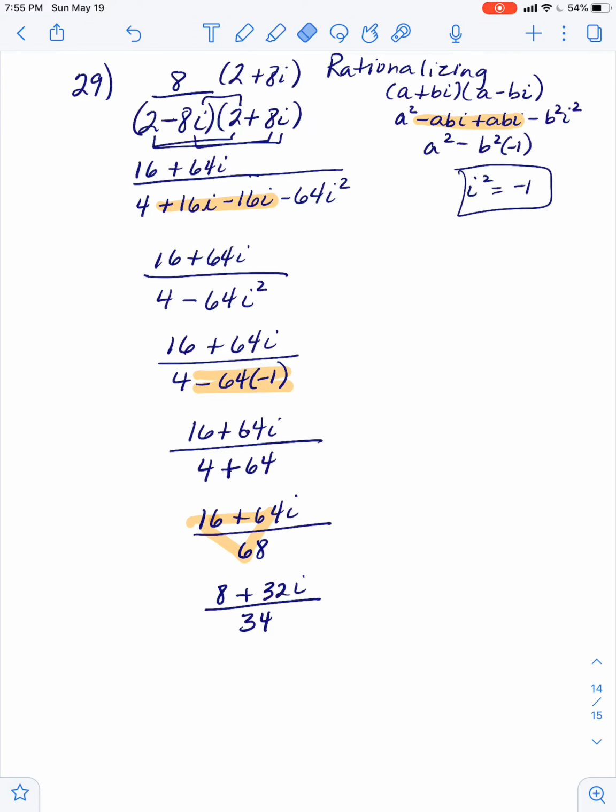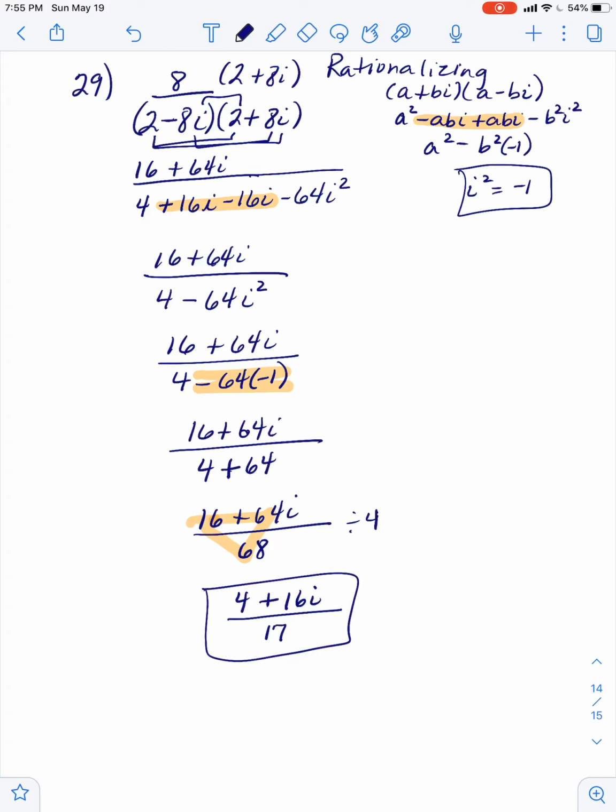Looks like we can divide by 4. So let's try 4 instead. And same way, if you don't do the biggest one, you can always go down. So 4 into 16 would be 4. And 4 into 64, you can do your calculator with this, that would be 16i, and then 4 into 68, that looks like that will go 17 times. Okay, and now 17's prime, so we do know we're done.